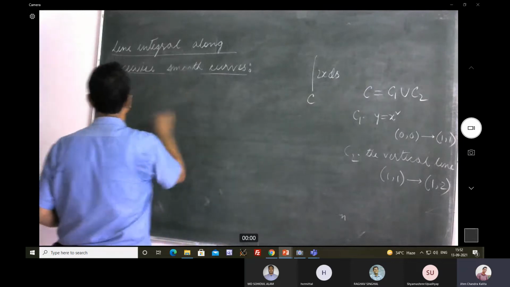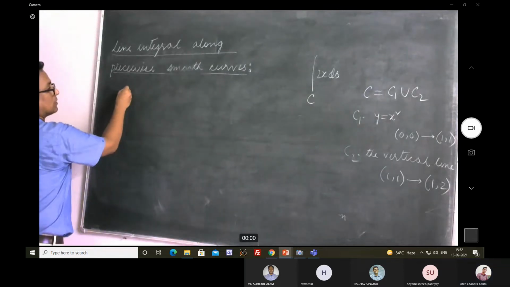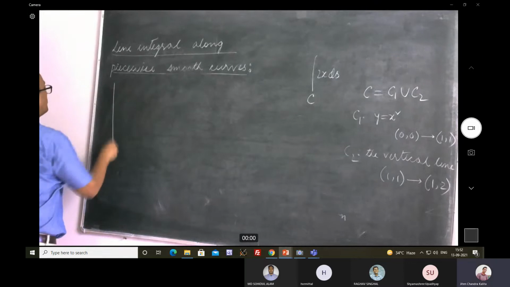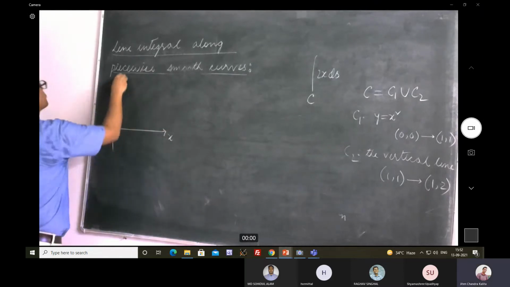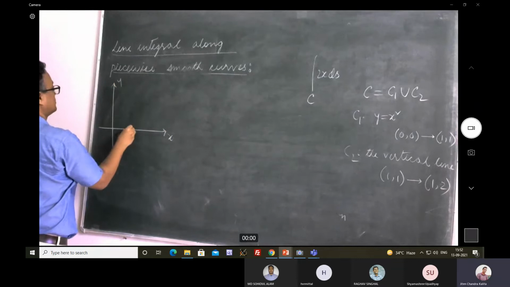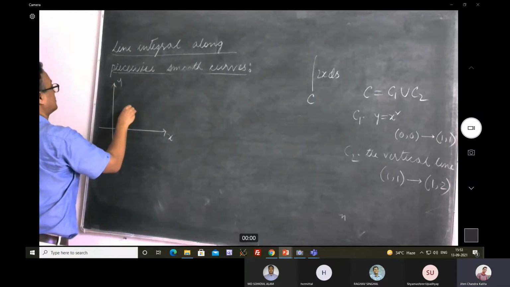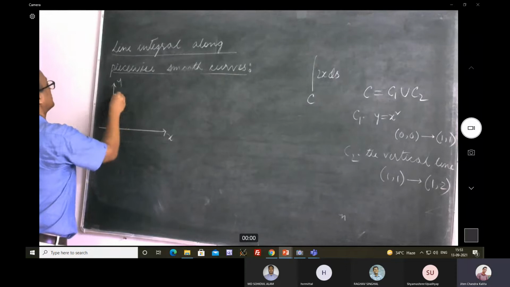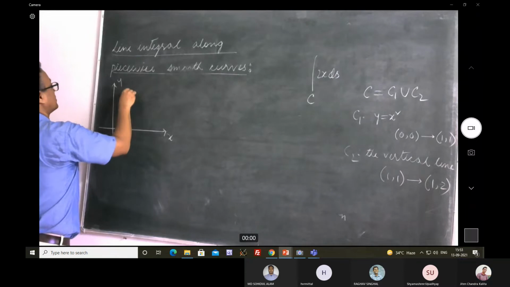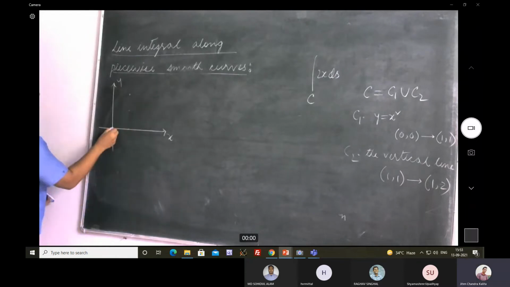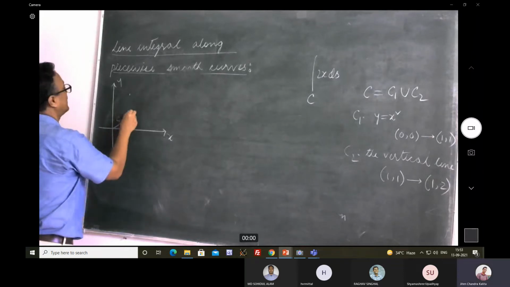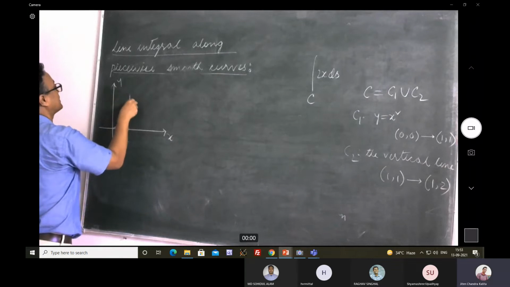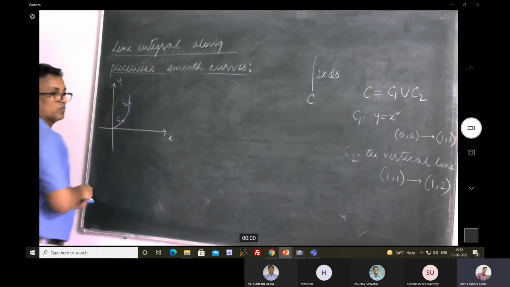If this is x, this is y, this is my C1, and this vertical line is my C2.